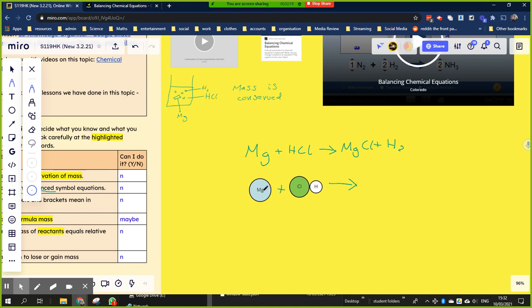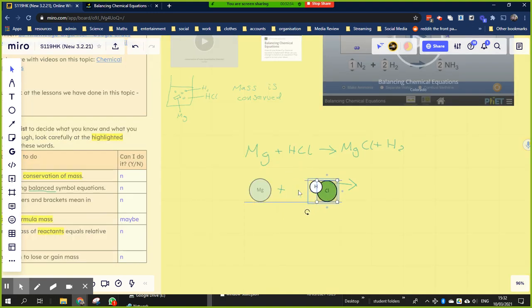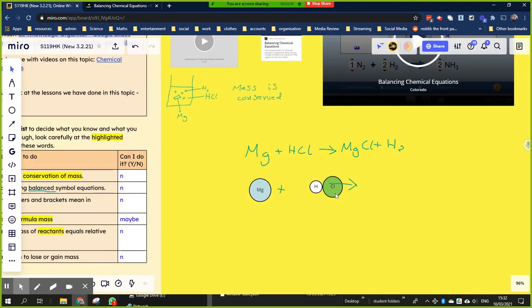So you've got magnesium plus hydrochloric acid. It doesn't matter which way around; I know it says HCl there, but putting Cl and H there doesn't make any difference. I can move it around like this, and then it's maybe a little bit less confusing. And then we've got magnesium chloride.